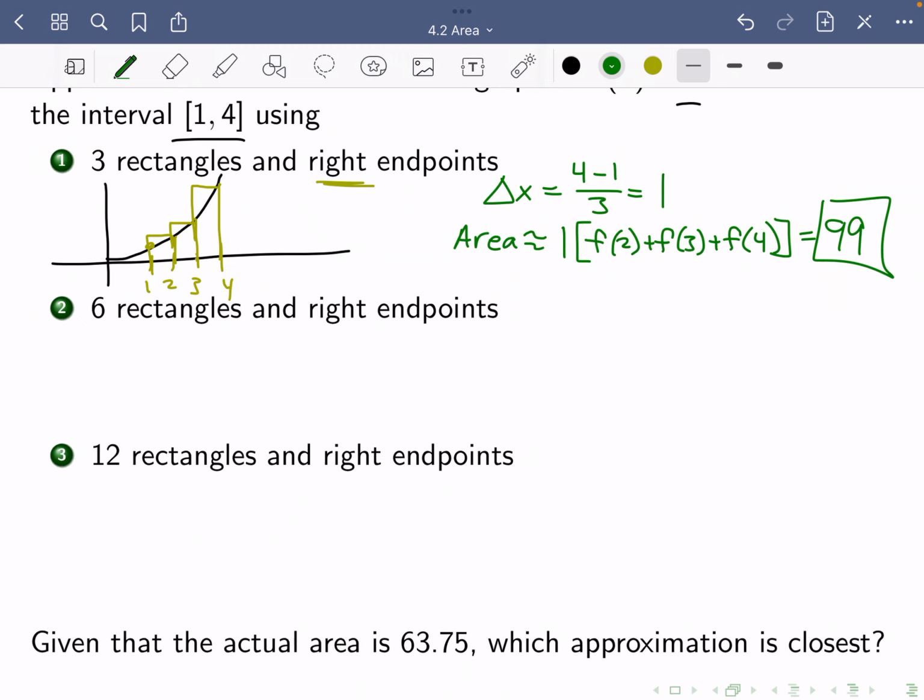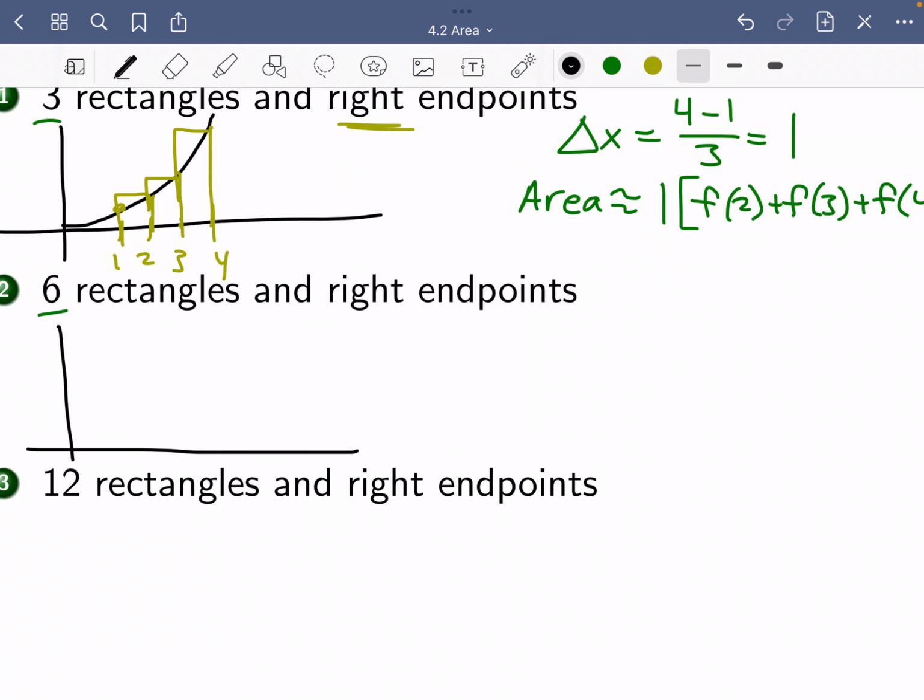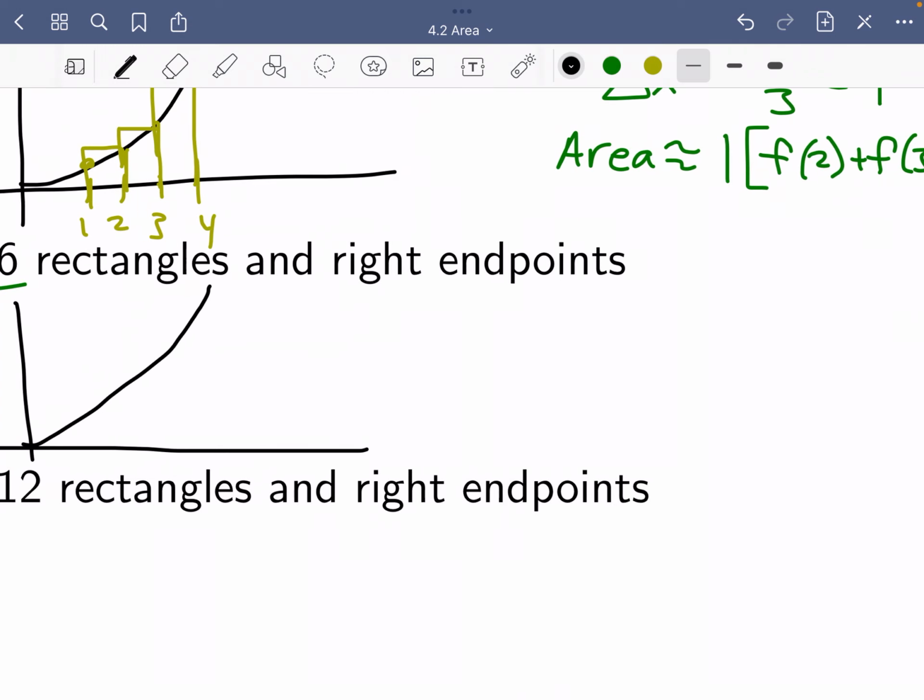What if we wanted to use, instead of 3 rectangles, what if we want to use 6? Well, our picture is going to look similar. Somewhere out here we have 1.